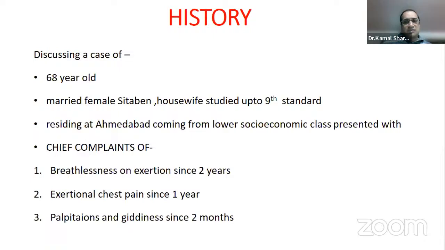The other complaint, because of the fixed dynamicity of the obstruction and limitation of activity, could be breathlessness or dyspnea on exertion, and palpitation and giddiness, as I say, would be part of the arrhythmias.